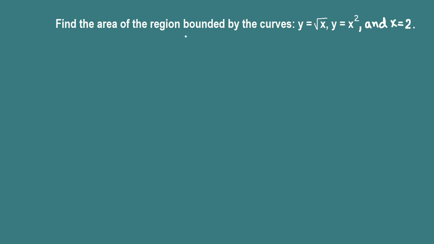Find the area of the region bounded by the curves y equals square root of x, y equals x squared, and x equals 2. So let's graph these three curves.